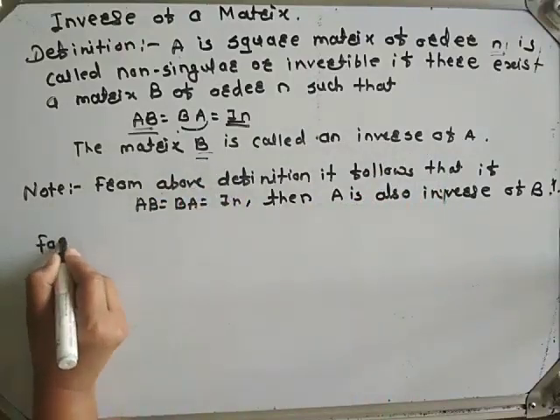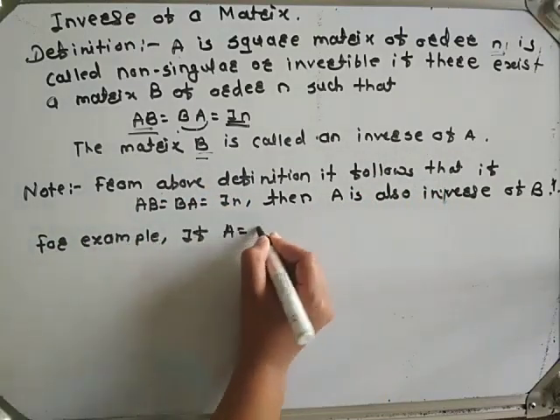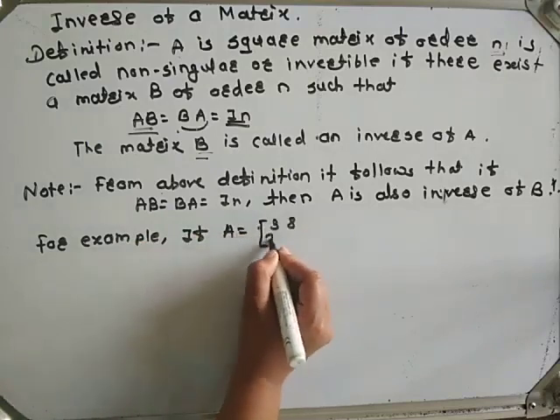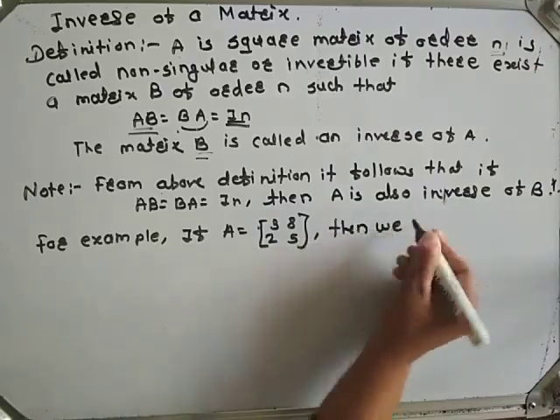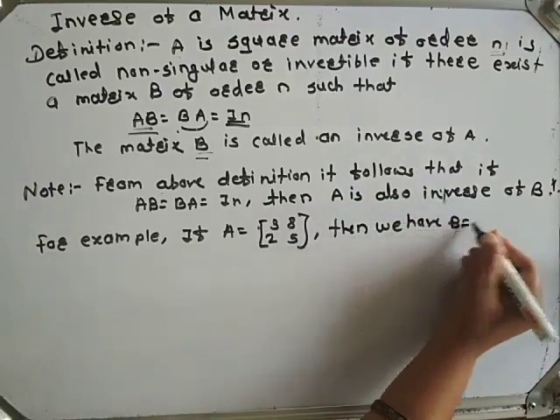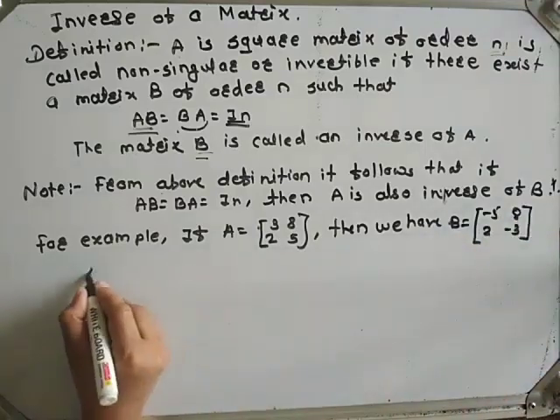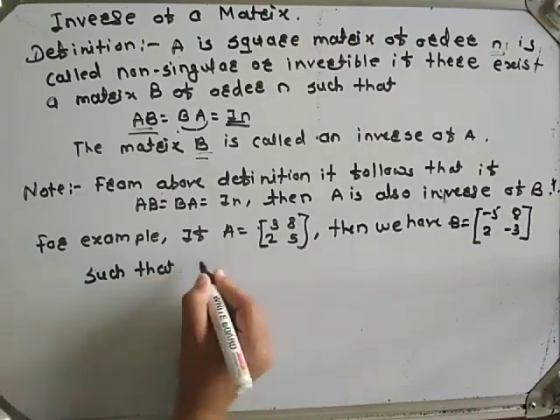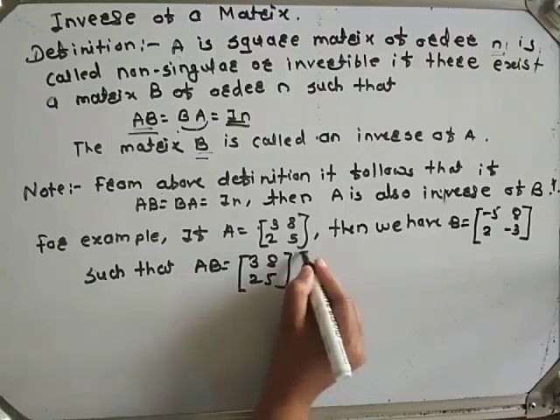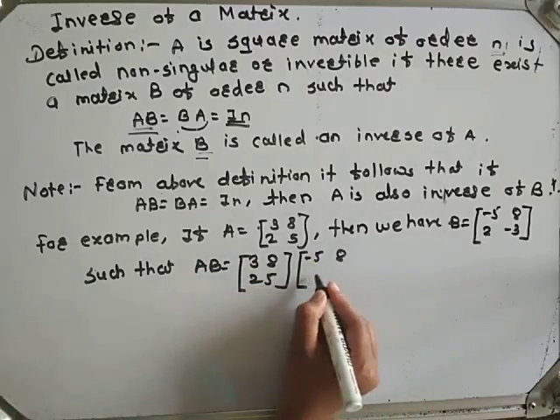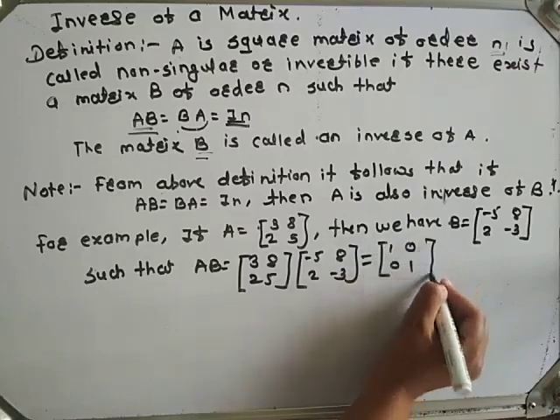Let us take one example. For example, if A is equal to matrix 3, 8, 2, 5, then we have B is equal to matrix 5, minus 8, minus 2, 3... such that A into B, that is matrix 3, 8, 2, 5 into matrix B, minus 5, 8, 2, minus 3, which is nothing but 1, 0, 0, 1.